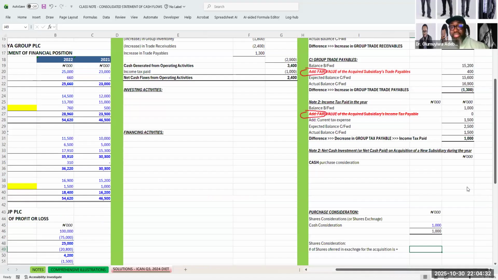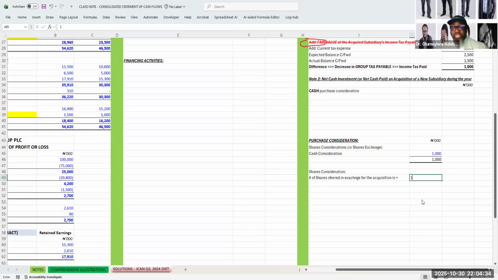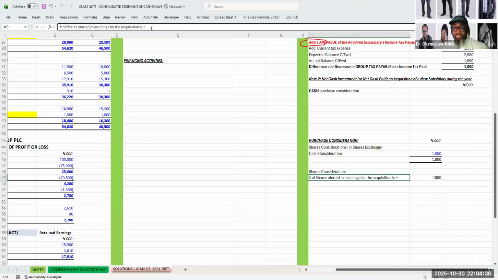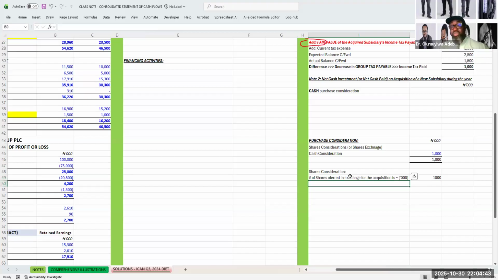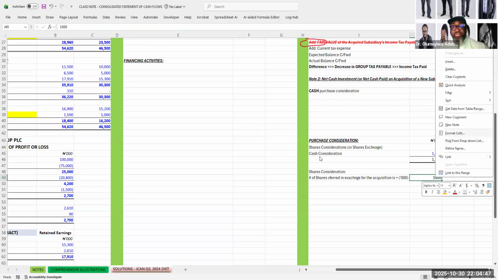And the share price as at that date was 2 naira. Therefore, I'll put 1 million. Remember, all figures are in thousands. Therefore, let me put this in shares.